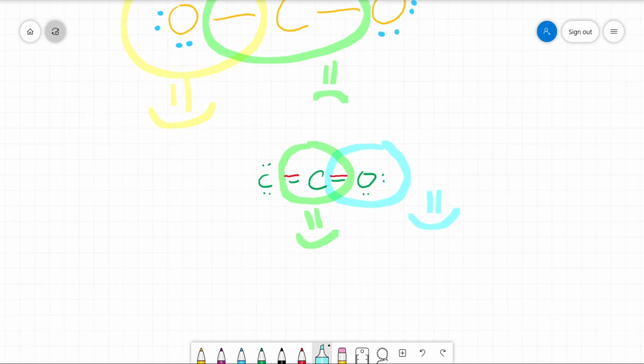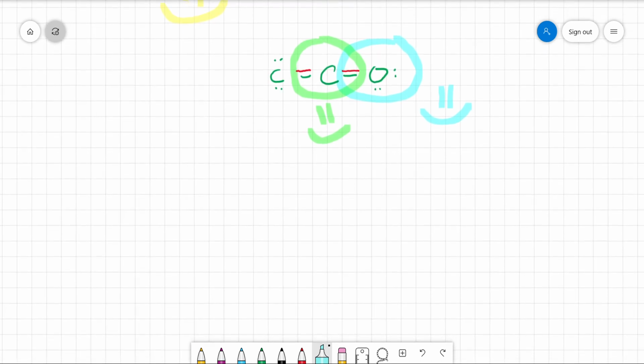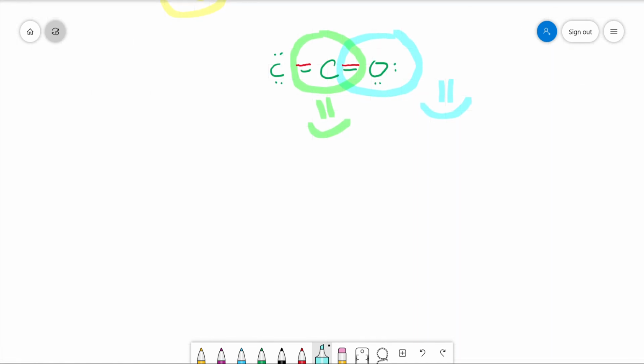Now let me do 1 or 2 more very quickly. Again, I would recommend that when I do these, you pause and try to do them yourself. So let's do SO2. This one's a little bit tricky. Go ahead and pause it and try it for yourself.